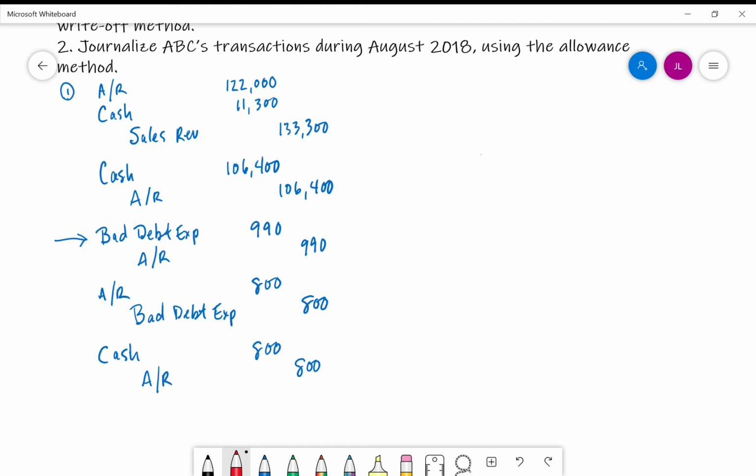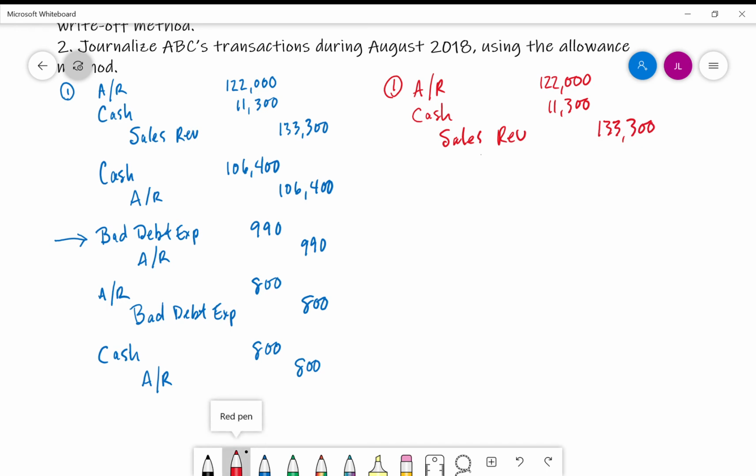We'll try and do the allowance method here, right next to it. So in the allowance method, we're using the same values, the same information. The first transaction won't change. We'll be debiting accounts receivable for the $122,000, debiting cash for the $11,300, and then crediting sales revenue for the total $133,300.